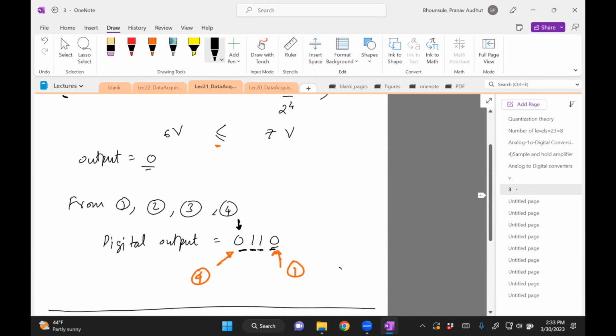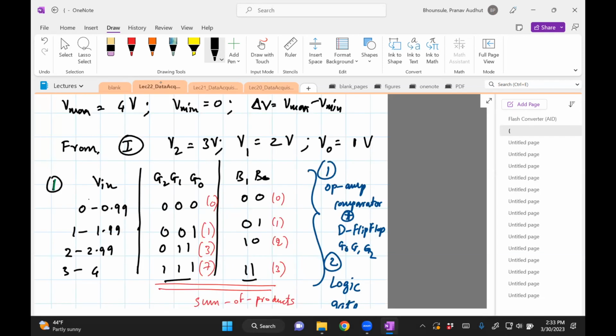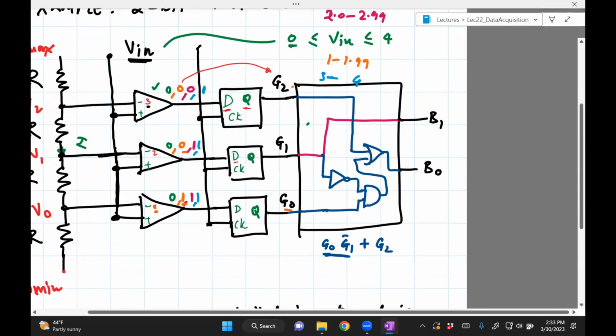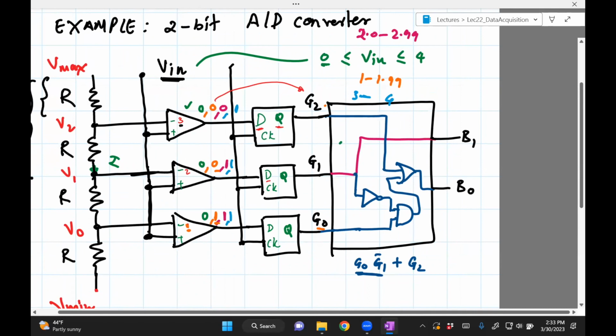So this was 1 time step, another time step, third time. By time step, I mean there's a clock, and that clock has to cycle through 4 times to convert 4 bits of data. However, what we see with this converter is that since all these flip-flops and comparator op-amps are in parallel, it can process the input voltage, all the bits, in one shot.